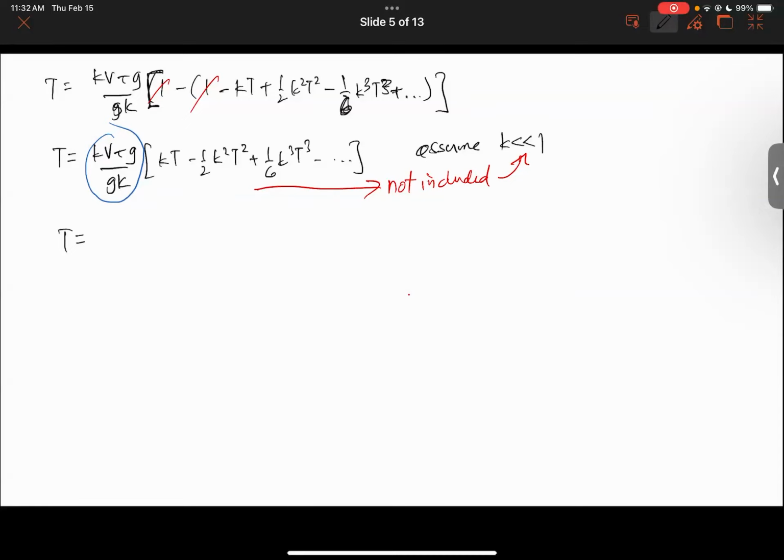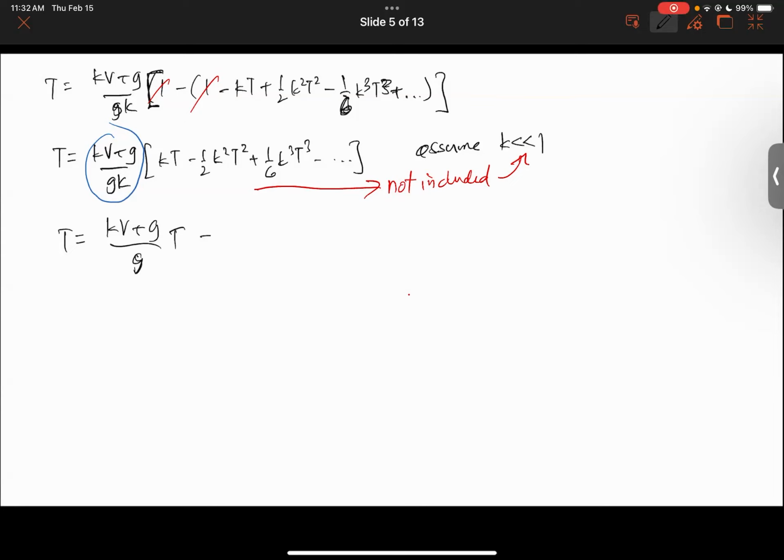Okay, sandali. t is equal to kv plus g over g, cancel yung k doon, and then times t.